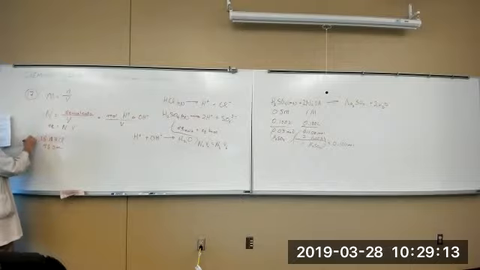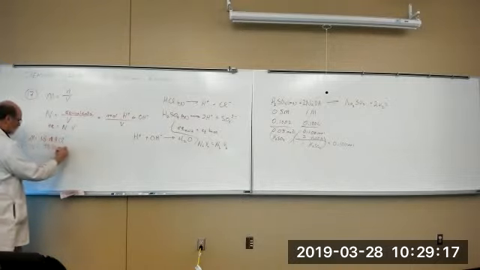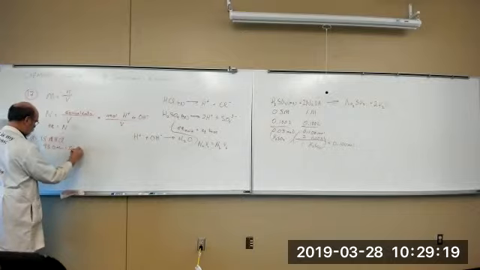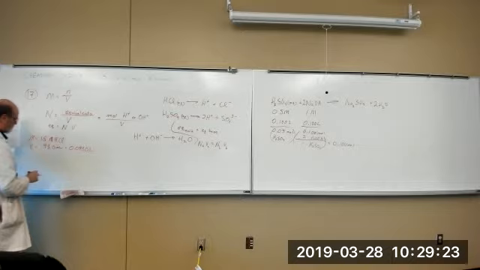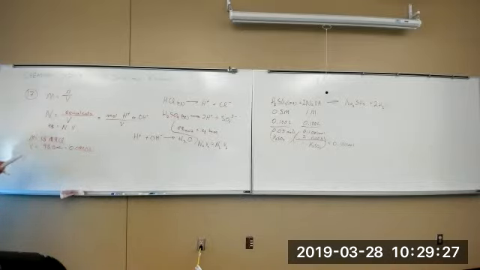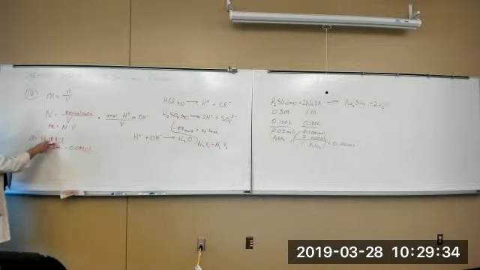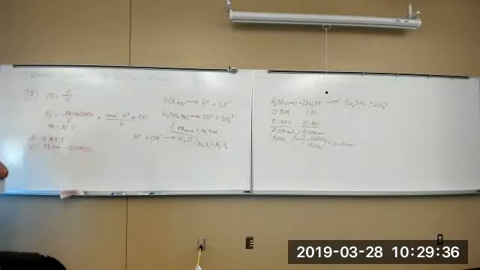So this is molarity, this is volume, and this is going to be 0.093 liters. How many equivalents does that represent? Well, since hydrochloric acid only makes 1 proton for each one, the molarity and the normality are equal. They're 1 to 1.